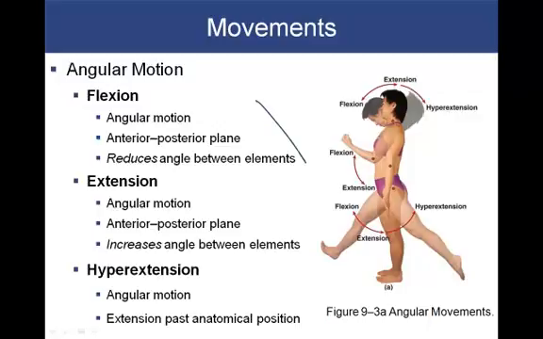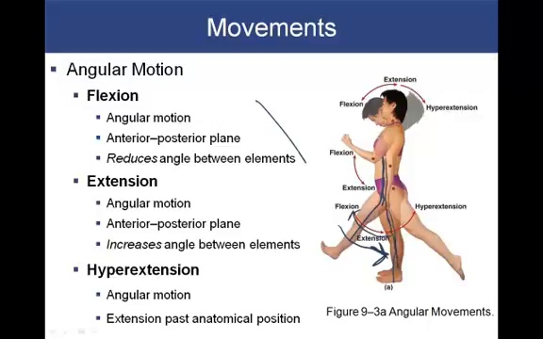So we see that, for instance, in this figure, here we have the two legs, and we would flex by kicking a leg out, reducing the angle between the leg and the body. We can extend by bringing the leg back into anatomical position, increasing that angle between the body and the leg.